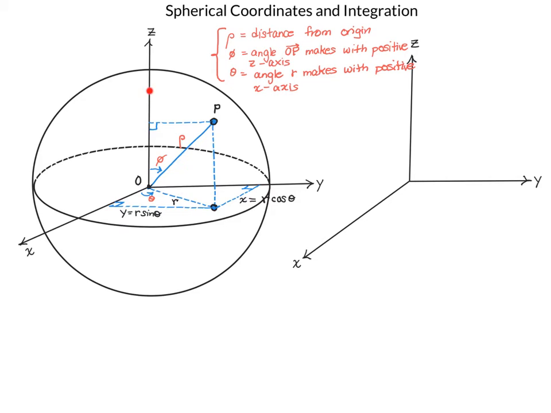Well, the z-axis is parallel to this line that extends from P perpendicular down to the xy plane, right? So these are parallel. And since they're parallel, we know that this angle right here and this angle are what we call alternate interior angles. What does that mean? That means that this angle here is also phi.